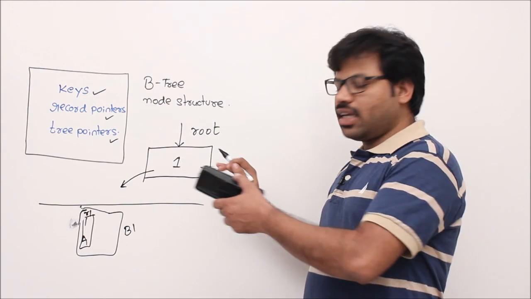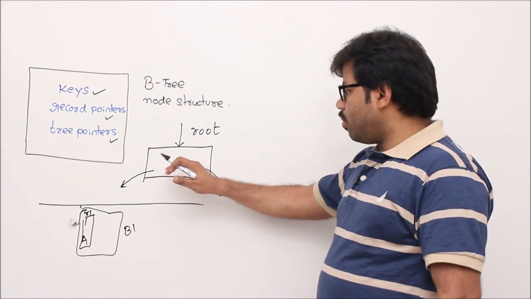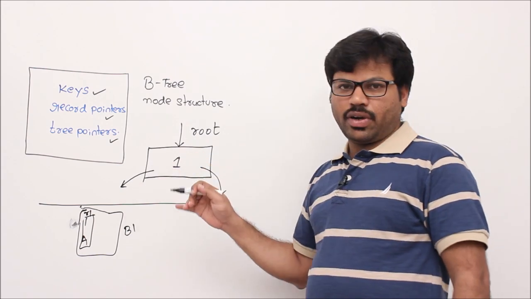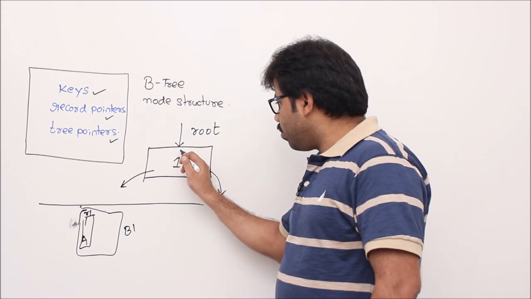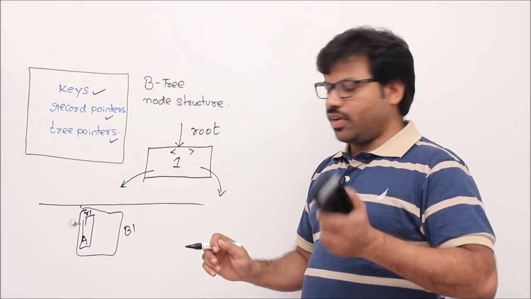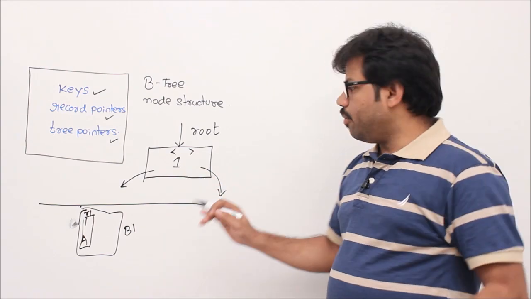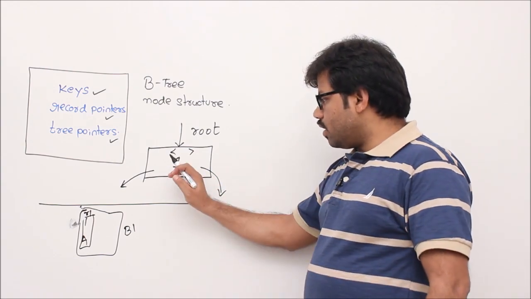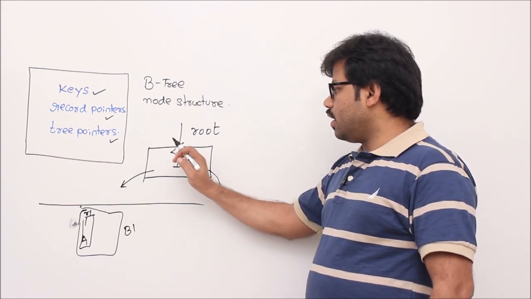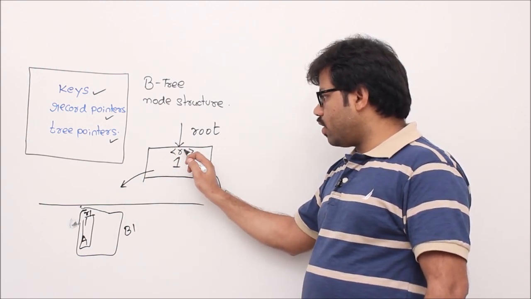In such a way I design my block, with space for writing tree pointers and record pointers. This is just an example for visualization; it's up to you where you keep the space. So: key, some space on the left, some space on the right, and here some space, where you write R1.